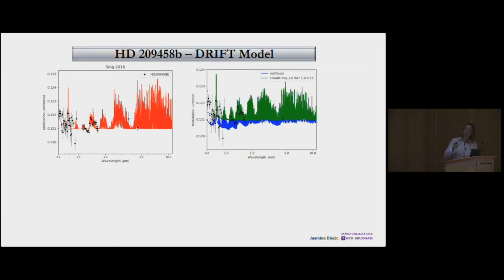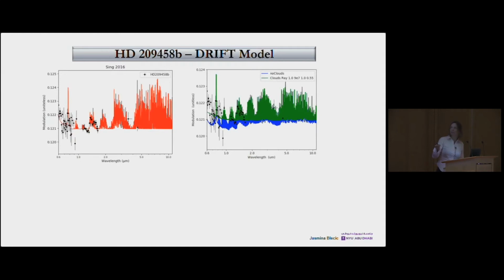I performed a forward modeling exercise with the drift model here. Here I'm showing you the HD 209458b model and data from the Singh et al. 2016 paper. And here I ran the drift model for cloud-free and cloudy solutions, and we are almost matching.